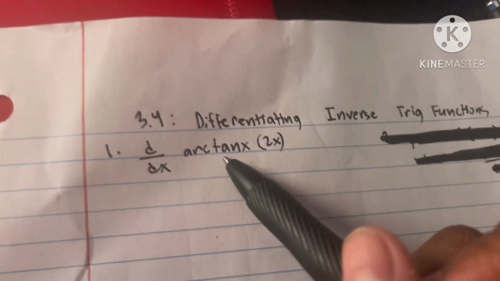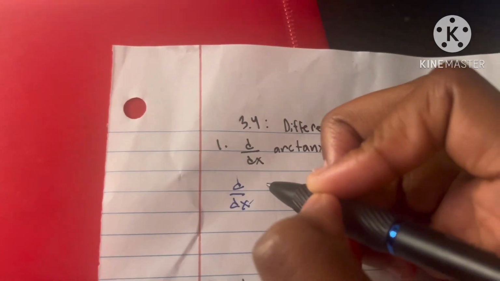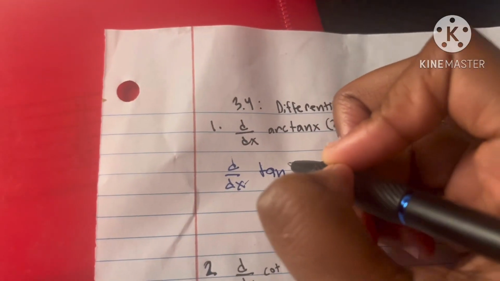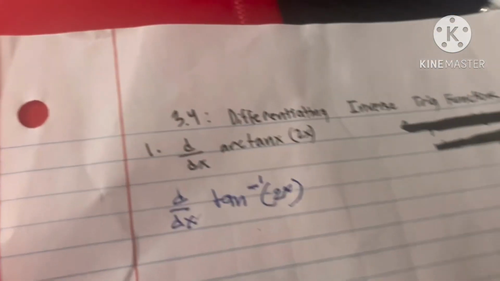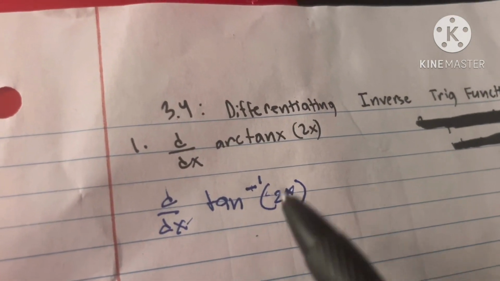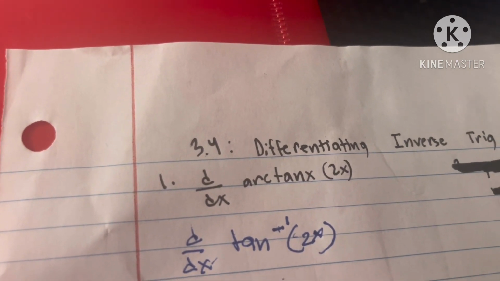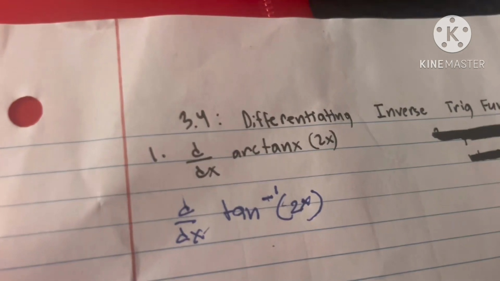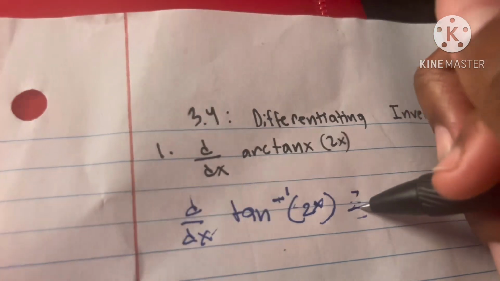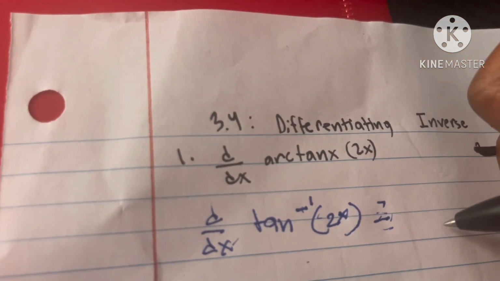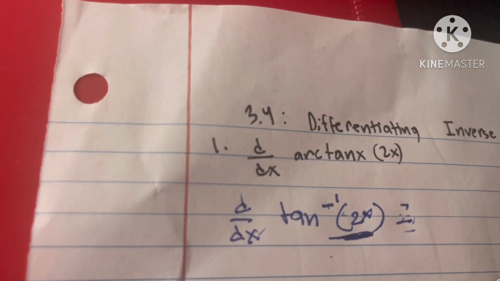So arc tangent is basically just this reworded, so don't let the arc fool you at all. But the inverse trig derivatives we saw earlier, what we're gonna do is just get the formula of it. And for this x, you plug in 2x for x.